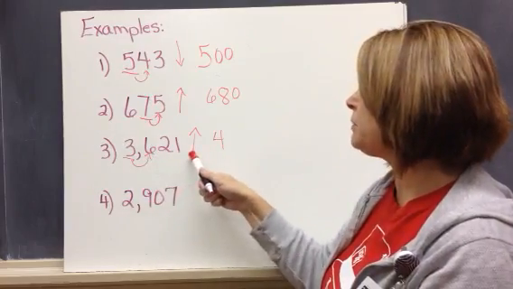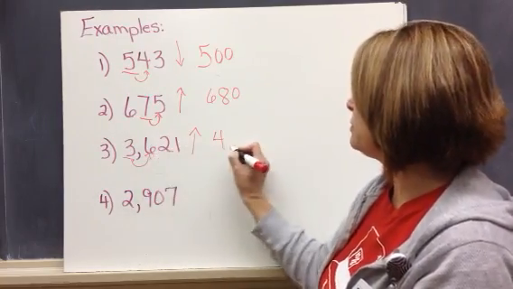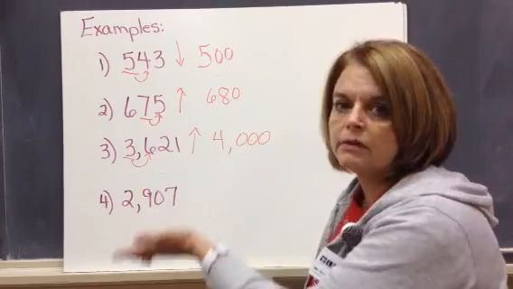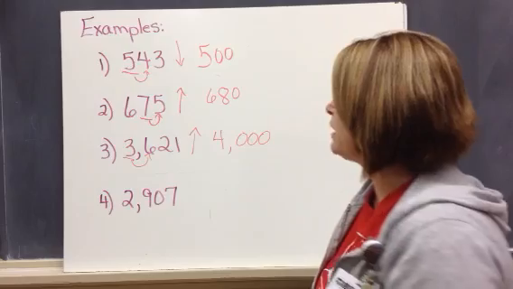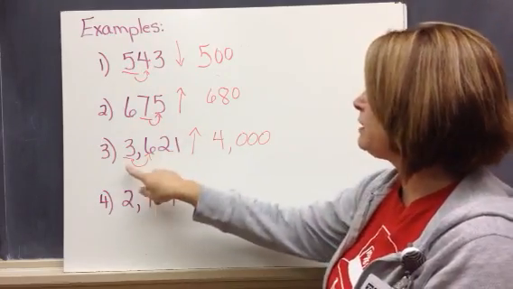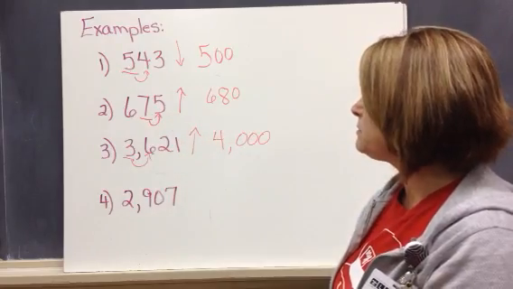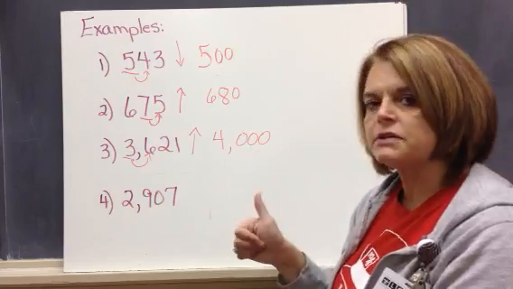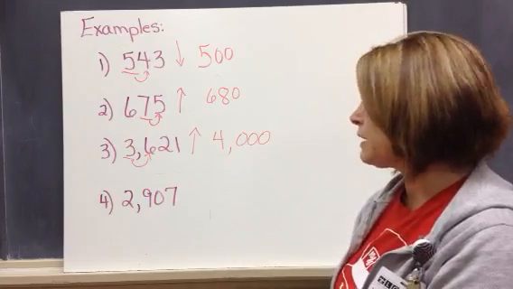Everything to the right becomes a 0. And everything to the left, well, I don't have anything to the left, would stay the same. So my 6, my 2, and my 1 become zeros. My 3 is increased by 1. It becomes a 4. So 3,621 rounded to the nearest thousand becomes 4,000.